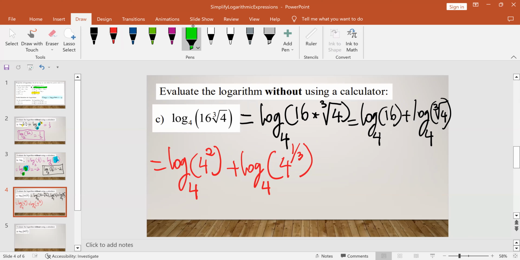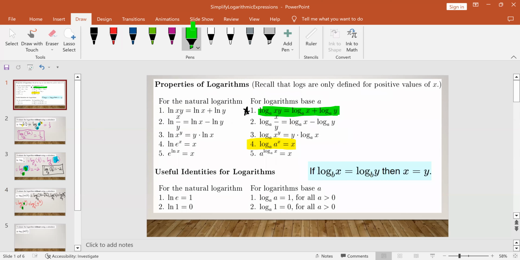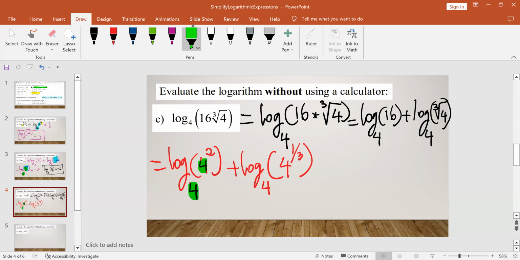Okay, so we have again our property 4: the logarithm of a raised to x with base a is x. So we have a 4, 4, we have a 4, 4. Therefore, we're going to have this as 2 plus 1 over 3.